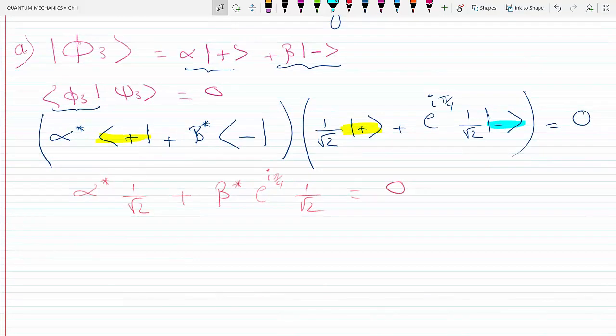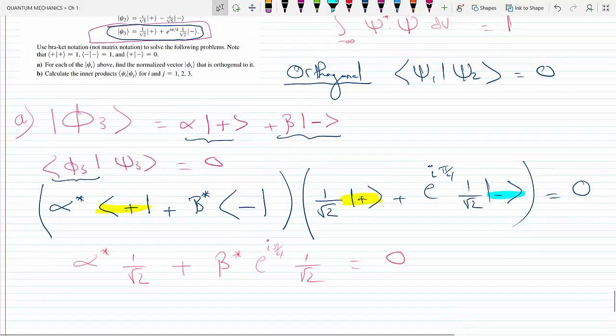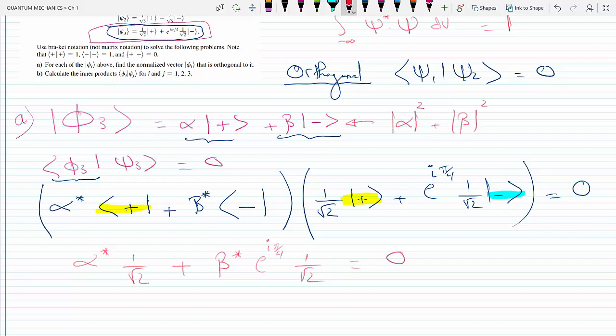Normalization means the sum of the squares. If this needs to be normalized, that means the sum of the squares of this and this has to equal 1. So that's my second equation.